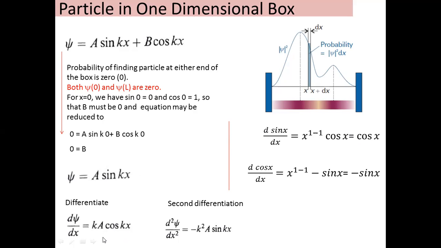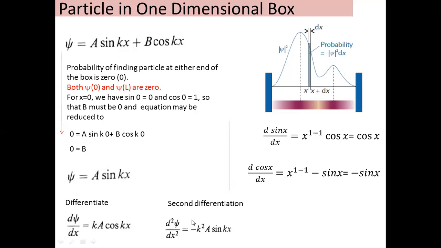When you differentiate x, x power 1 becomes x power 0, which is equal to 1. So only k is left, and that is k a cos kx.